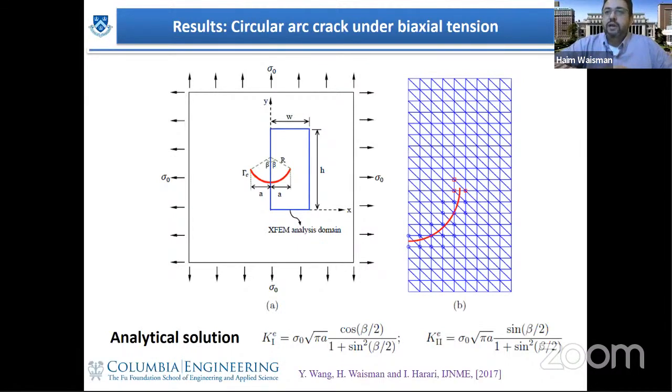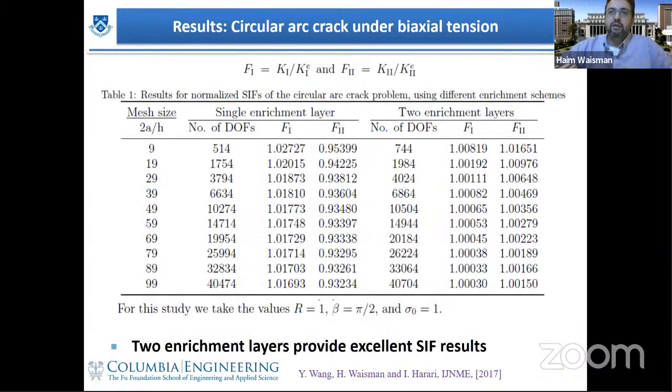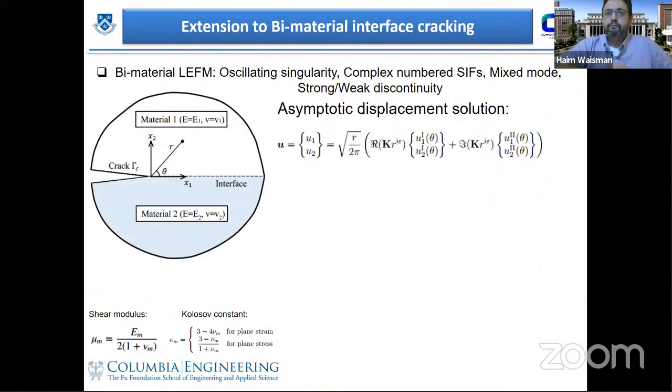But what I wanted to show here is that there's nothing to do with the Irwin integral formulation. Automatically, you can also capture curving cracks. And this just shows that the solution here gives you very good results.